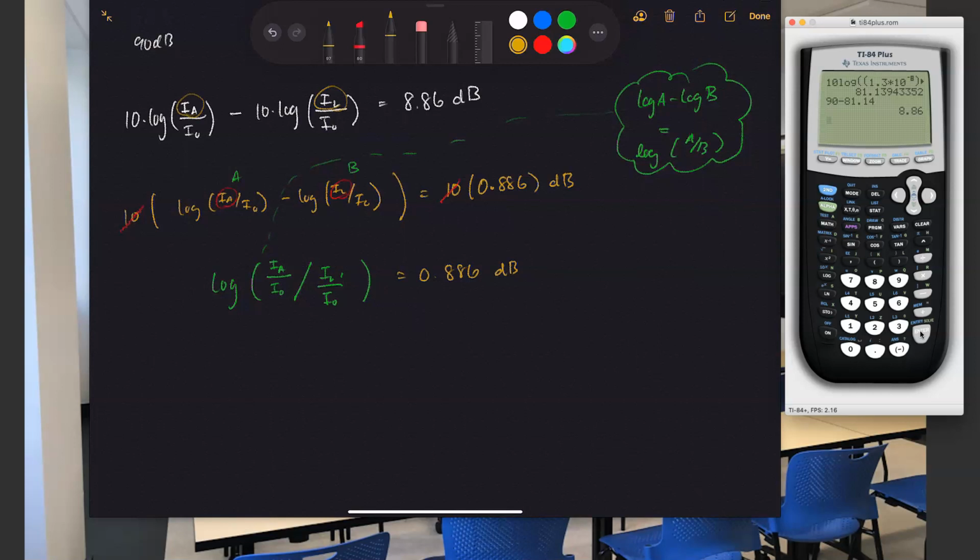And now, if we take care of the inside here, a little bit of side work for those of us who maybe still have a little bit of trouble with fractions. I sub a over I sub o divided by I sub l over I sub o.